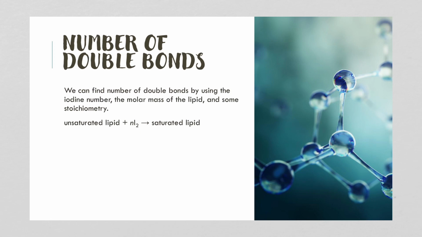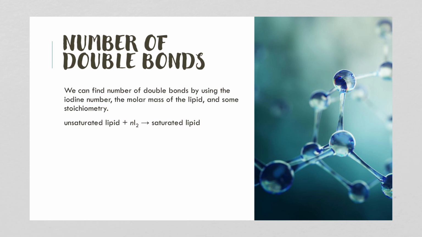We can also determine the number of double bonds if we know the iodine number, the molar mass of the lipid, and then some stoichiometry thrown in for some fun. Basically, your unsaturated lipid plus the number of moles of iodine will tell you how much the saturated lipid is.